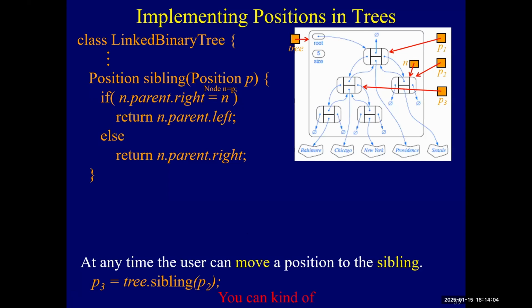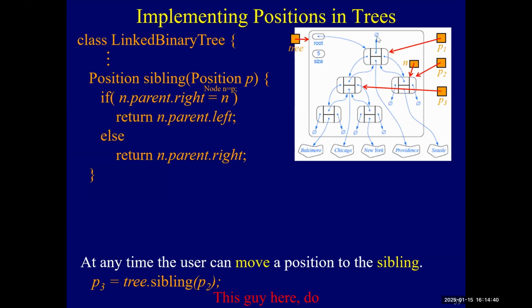You can kind of think about it as P2 outside pointing at this position and N more locally pointing at the same node, right? So now we have N is here. And what we have to find out is, am I my parent's right child or left child, right? So we can say N dot parent is my parent, right?